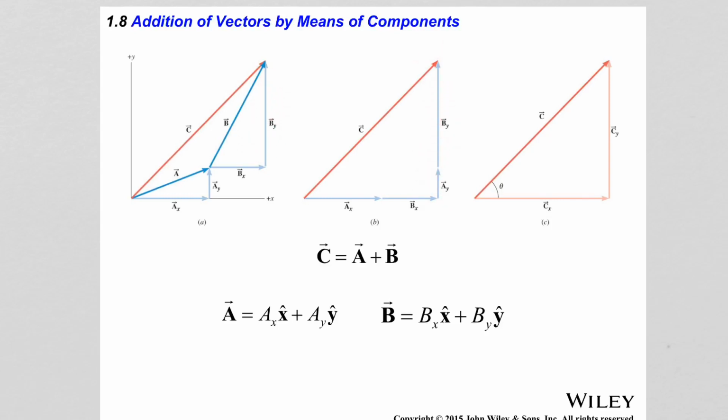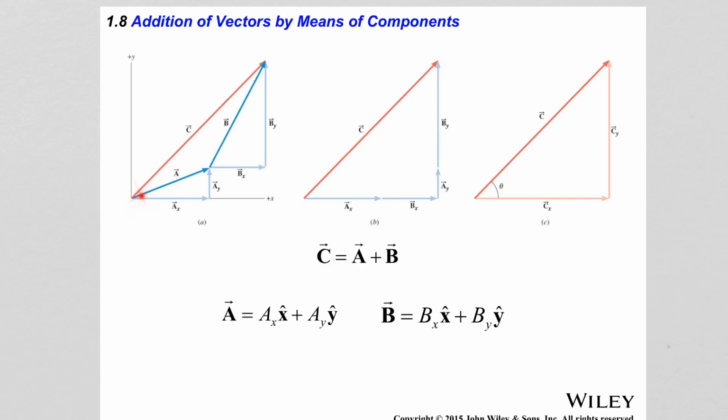And so now here we have a nice right triangle. Even though the original vectors were placed like so, when you add them by components, it becomes equivalent to a right triangle. And so the side that lies along the x-axis, ax plus bx, will be the x component of C, and then ay plus by will be the y component of C.